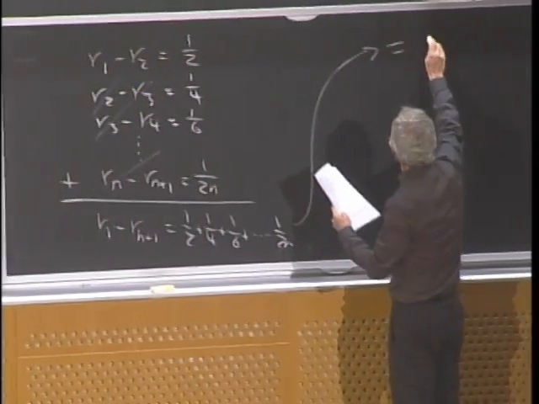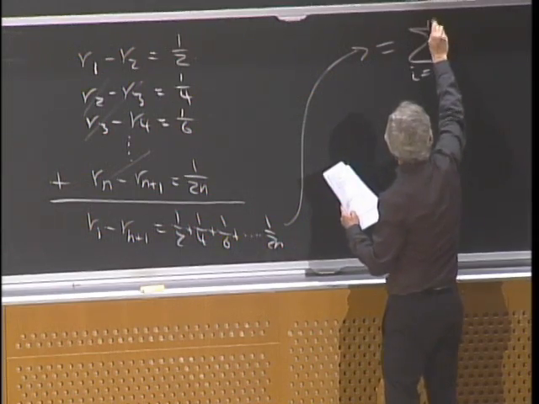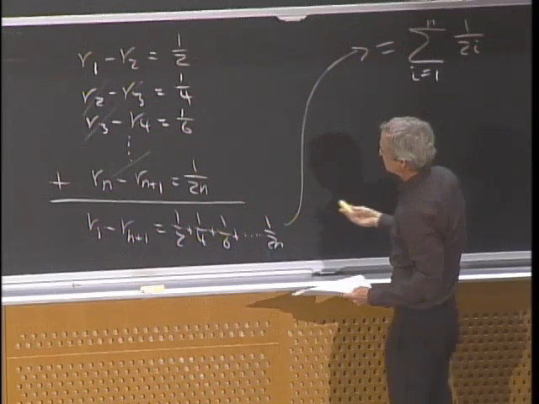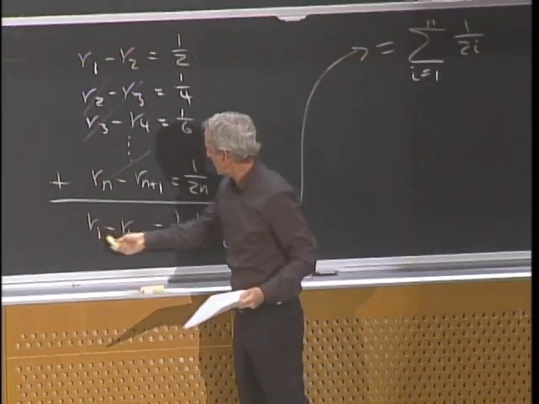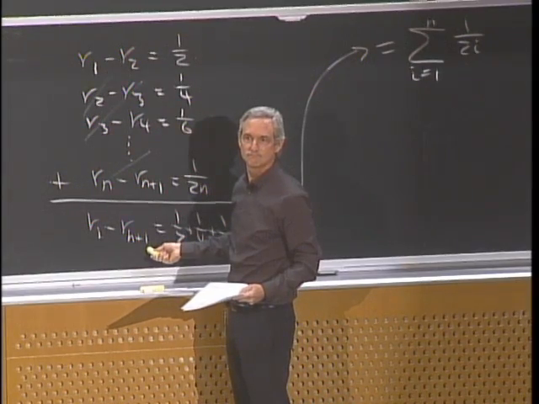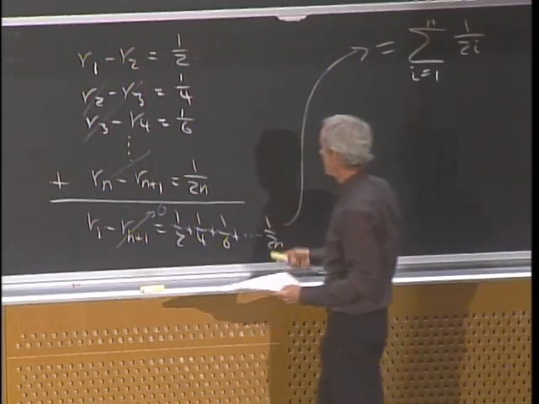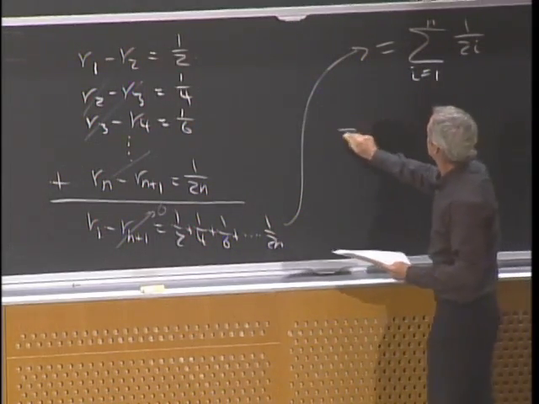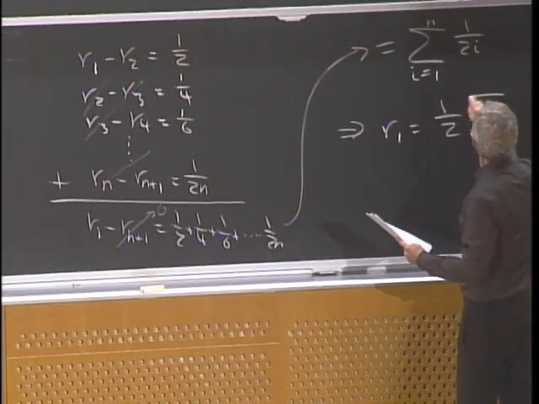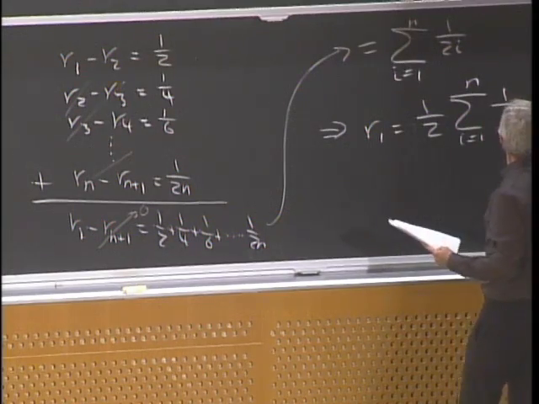All right, so that's just equal to the sum, i equals 1 to n, 1 over 2i. Now I got R1 minus Rn plus 1. But what's Rn plus 1? 0. That's the table. The table doesn't hang out over itself. So in fact, R1 equals a half of the sum of the inverses of the first n integers.